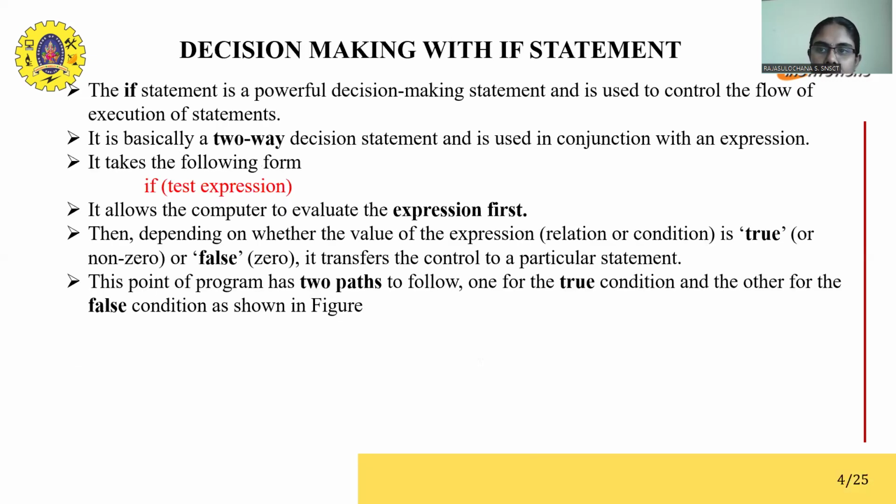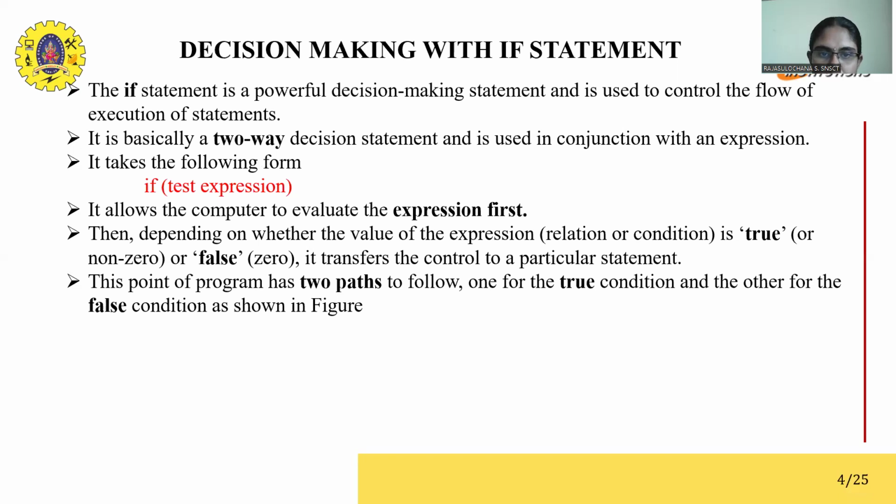Of all these decision-making statements, the if statement is considered the most powerful, which is used to control the flow of execution of statements. The if statement is a two-way decision-making statement, which is used along with an expression. The general syntax is: if, and inside the parentheses we give the test expression.